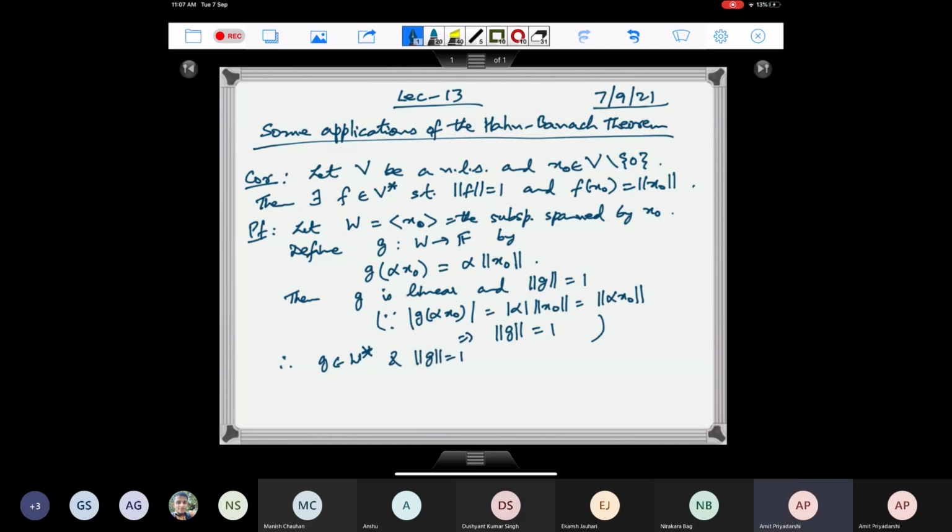So by the Hahn-Banach theorem, let me write HBT for Hahn-Banach theorem, there exists F belonging to V star such that F restricted to W is G and norm of F is equal to norm of G, which is equal to 1.